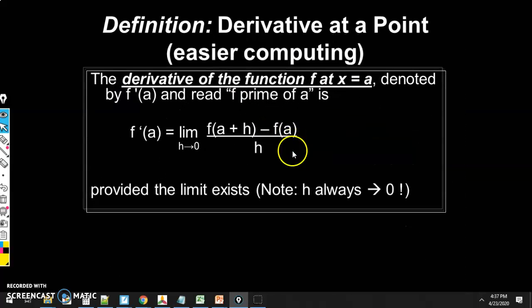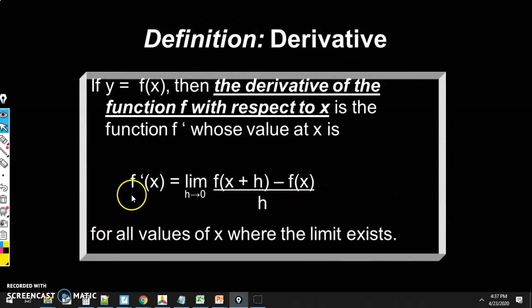I'm not going to show you the algebra to rework it, but trust me, this formula is equivalent to the previous one. In terms of x and y, this formula is the more useful one, so this is really the one you want to use.